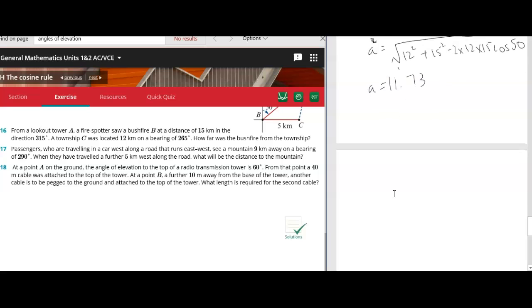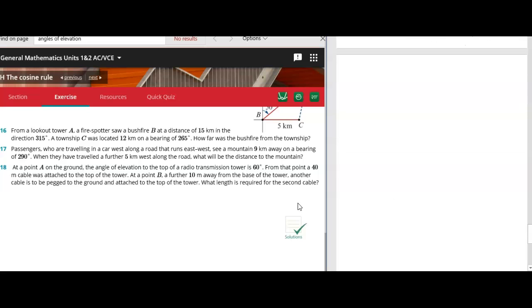All right, let's move on. We've got 17. Maybe I'll just set up the diagram for 17 and 18. Passengers who are travelling in a car west along a road that runs east to west. Let's draw that first. So there's our road, east to west. Oh, that's west to east, so east to west is the other direction. They see a mountain 9 kilometres away on a bearing of 290 degrees.